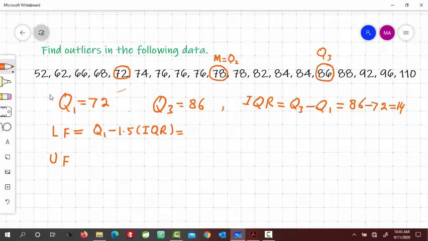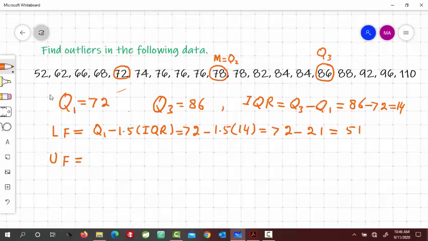Q1 is here 72, minus 1.5 times IQR, and IQR is 14. That would become 72 minus 21. That would be equal to 51. And then the upper fence.